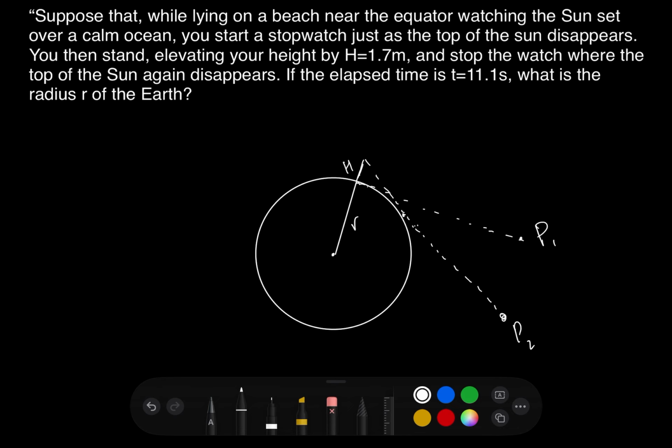So we know that this is obviously 90 degrees and this is also 90 degrees.